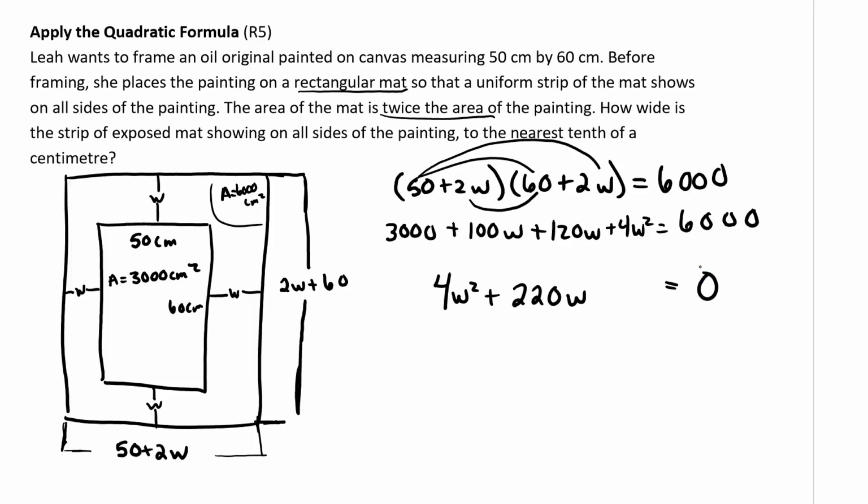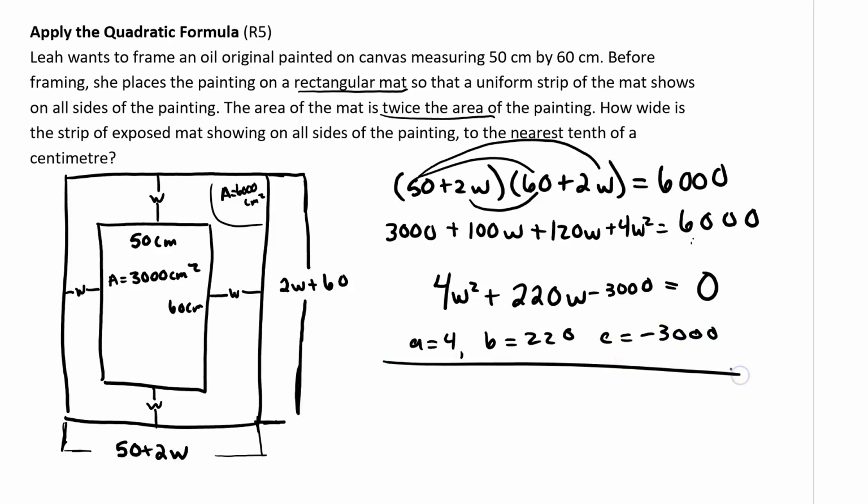So 3,000 minus 6,000 is negative 3,000, because all I'm doing is subtracting 6,000 from both sides. So my A equals 4, my B equals 220, and my C equals negative 3,000. Now I can plug that right into my quadratic formula, and we're going to have to pay attention to the two different answers.